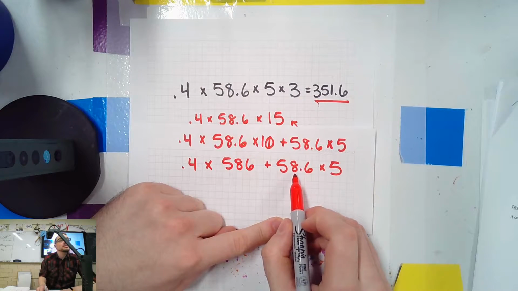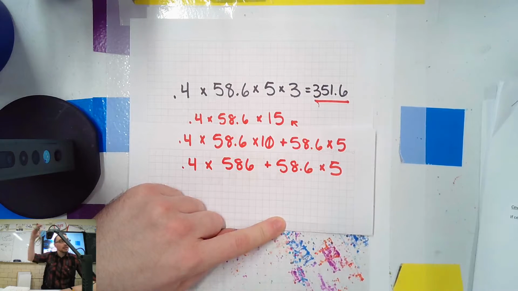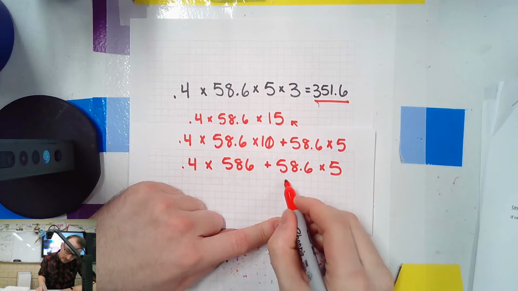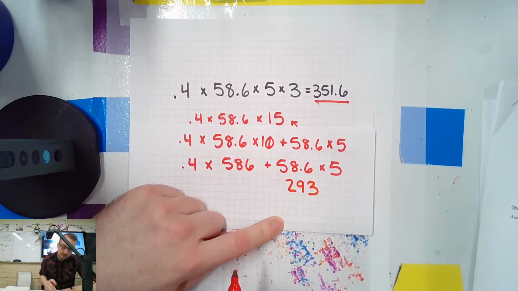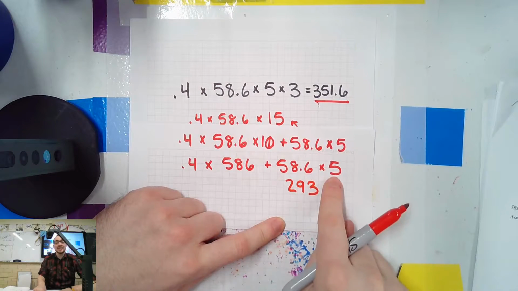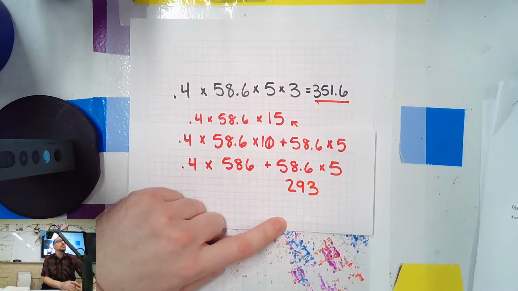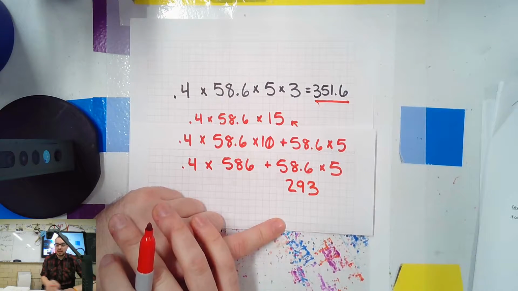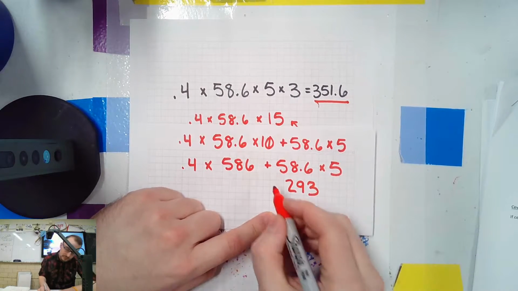What's 80 divided by 2? So we got 290, right? What's 6 divided by 2? 3. So 293. That's what that'll be. I times it by 10 and then divide it by 2. Same thing as timesing by 5, right? Times it by 10, I get 586, divided by 2, I get 293.